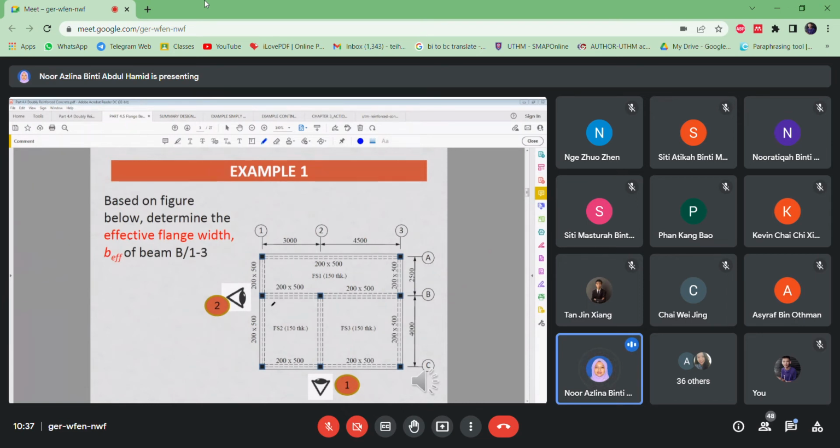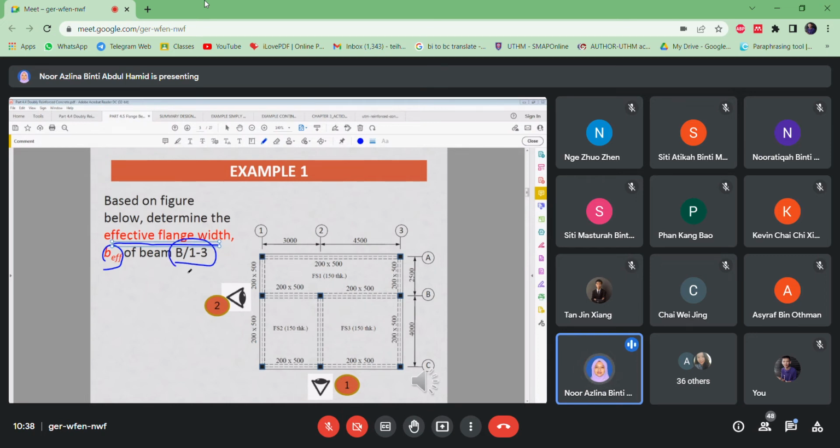Okay, you have two positions. Put your eyes at two different positions. Okay, look at this example carefully. You need to determine the effective flange width here. That means B effective, okay, for the beam B1, 2, 3.